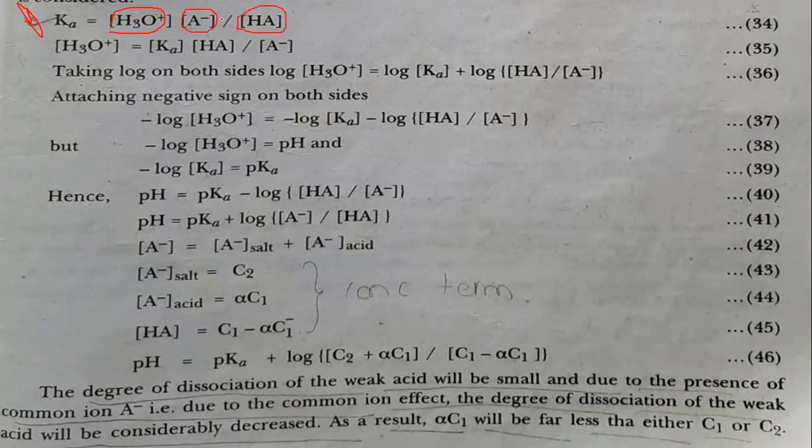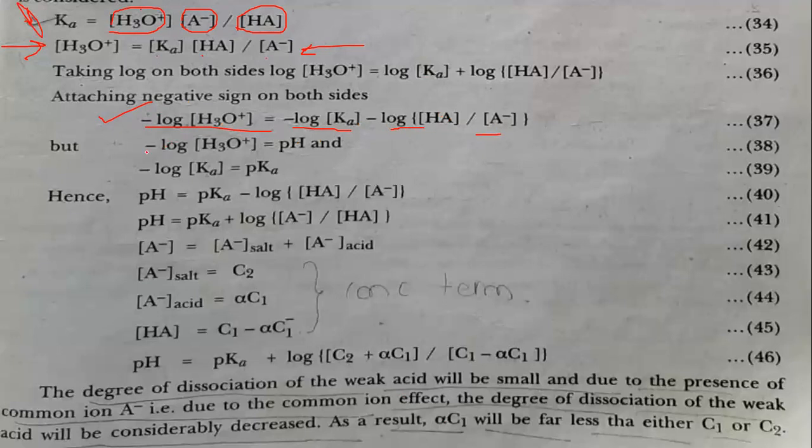By rearranging this equation, keeping the H3O plus concentration on one side and taking HA to the other side upon A minus, we get Ka into HA upon A minus concentration. Now taking negative log of both sides, we get negative log of H3O plus is equal to negative log of Ka minus negative log of the concentration of HA upon the concentration of A minus.